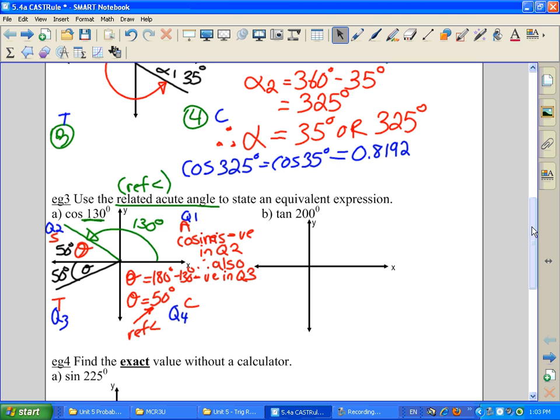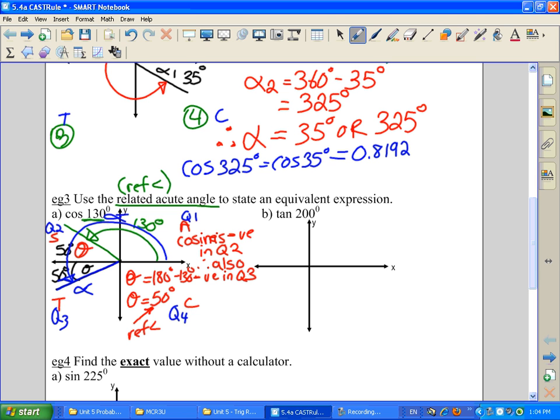Now, if we want to find a matching expression, ladies and gentlemen, we're interested in the angle that meets to this line here. So we start here, we go all the way around to here, and that's going to be what we're going to call, we could call it alpha if you want. So alpha, which is our equivalent expression. We're going to find the angle that makes it equivalent.